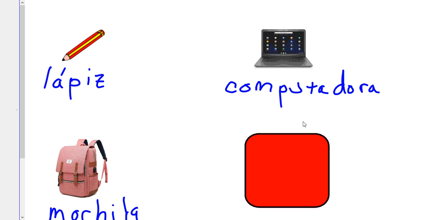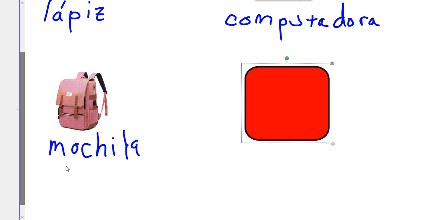Last one. C-U-A-D-E-R-N-O. Otra vez. C-U-A-D-E-R-N-O.